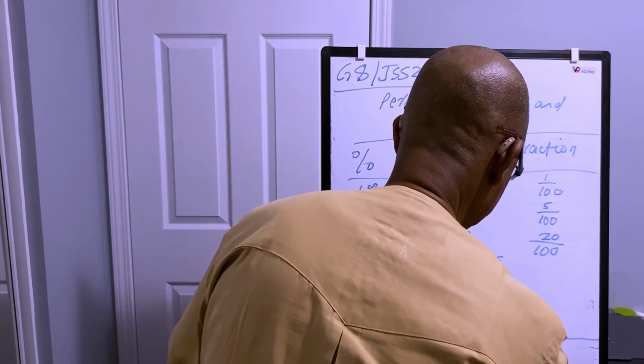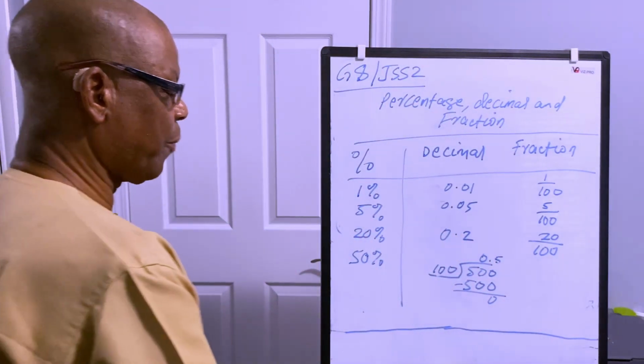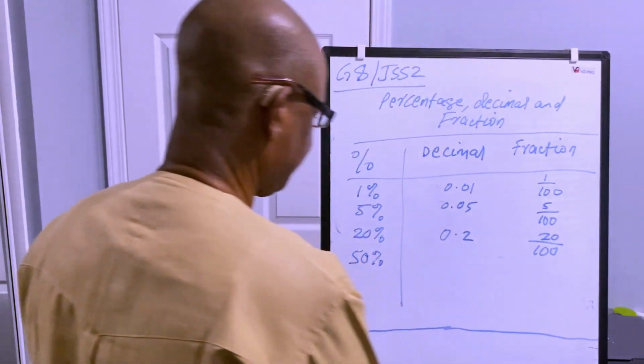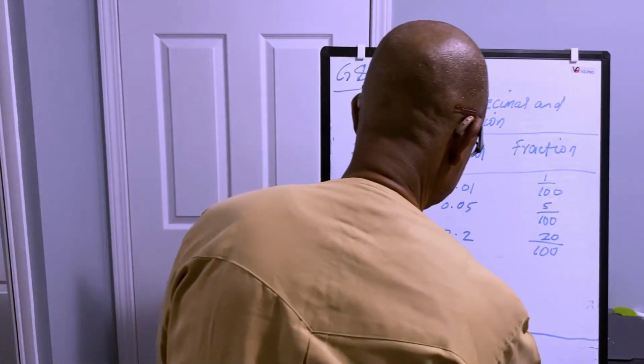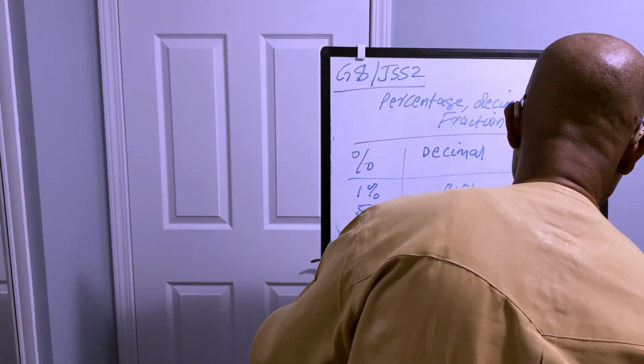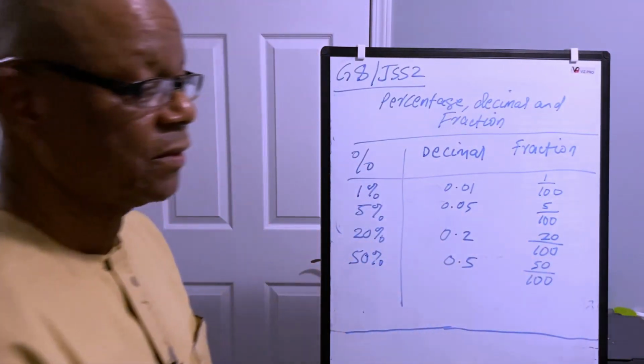So 500 minus 500 is 0. Therefore, 50% is 0.5 as a decimal fraction. And another fraction is 50 over 100.